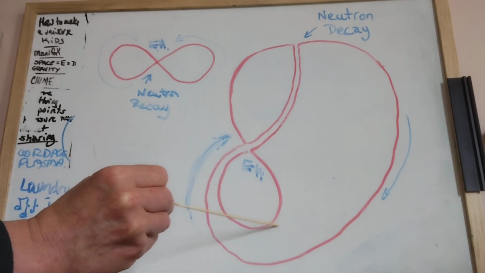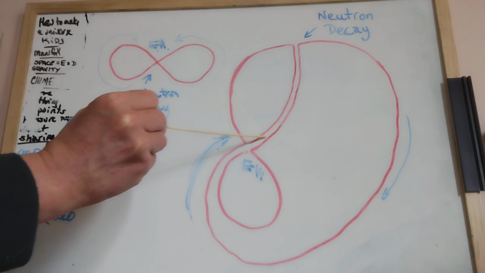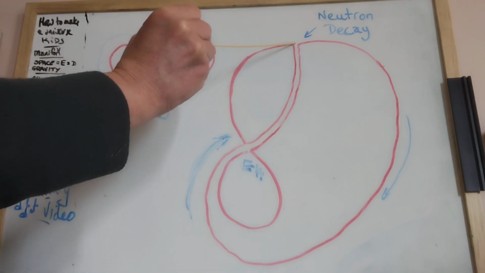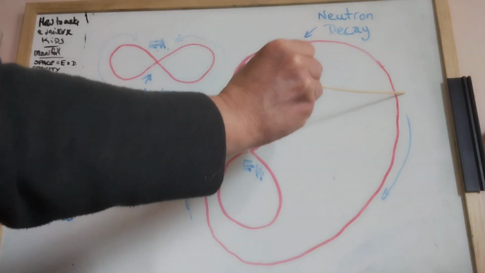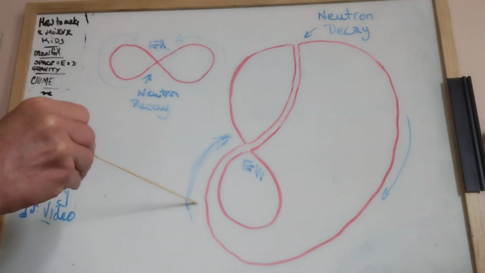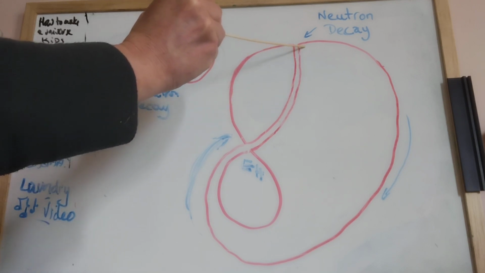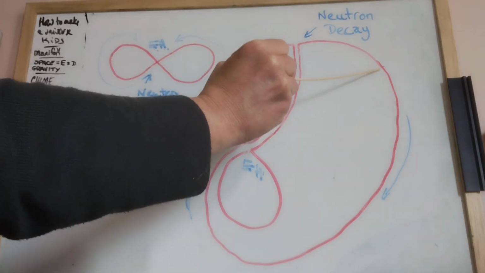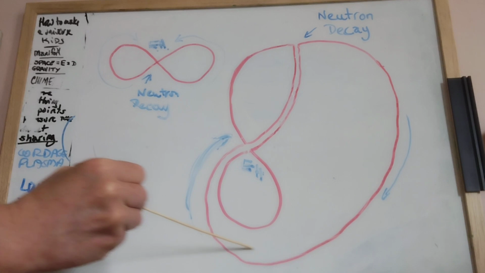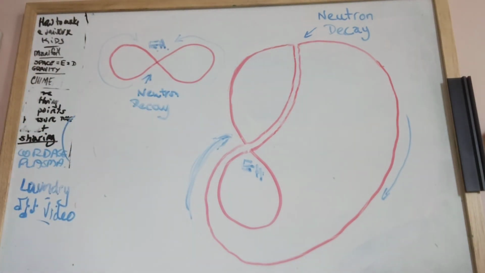You go like this, and now you're on the inside, but coming down to be neutron decay. But now you're on the outside again. Neutron decay, hydrogen flows, gets condensed because of gravity, falls through the event horizon, reemerges as antimatter, hydrogen, matter, antimatter, oscillating between the two.